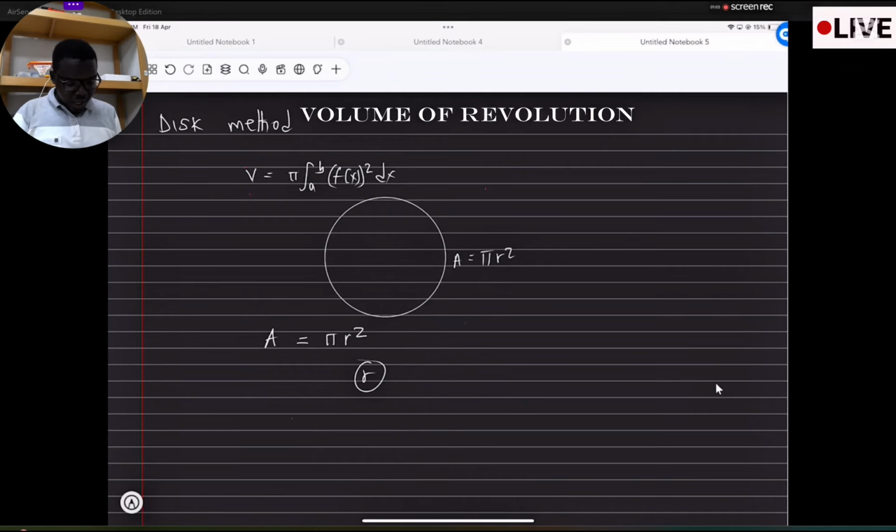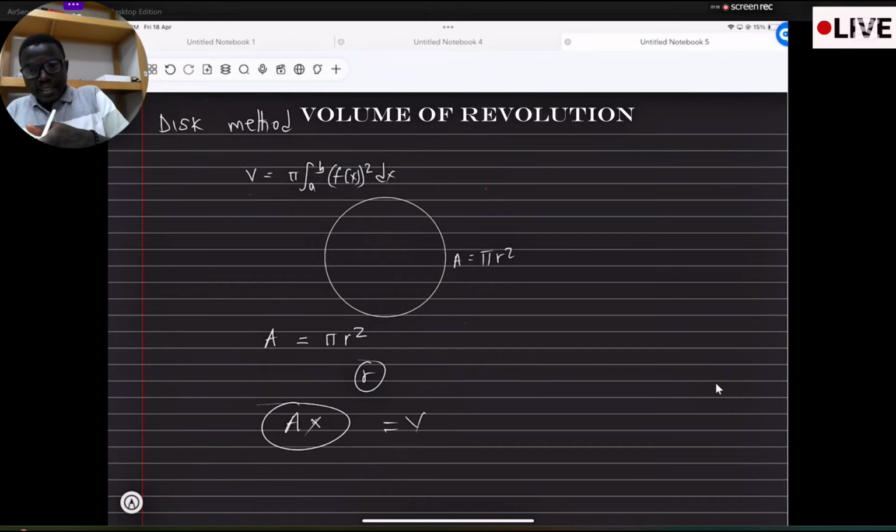Also, if we have an area and we multiply by another length, let's say the length is x, we get volume. So in that case, the integral introduces another x into the area function itself, so that when we multiply, we get the volume.